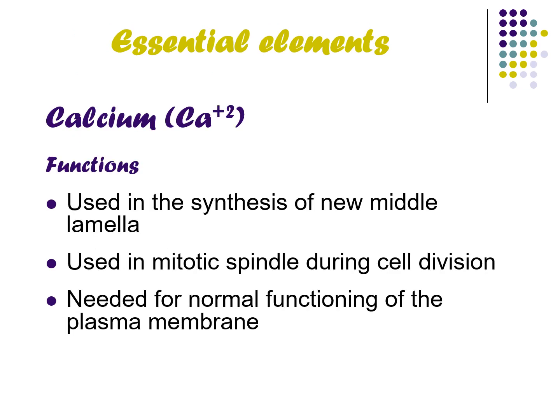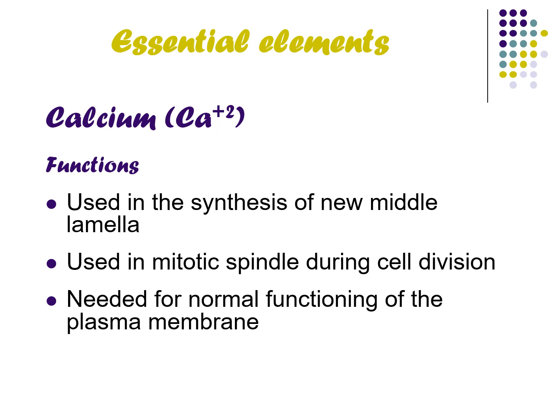Calcium is available to plants in the form of a divalent cation. It plays a role in the synthesis of new middle lamella. If you recall, the middle lamella is composed of calcium pectate. It also plays a role in the mitotic spindle during cell division.